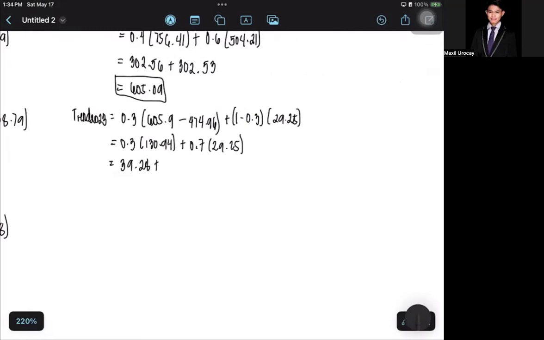And for 0.7 times 29.25, that will equate to 20.48. So 39.28 plus 20.48 will equate to 59.76, your current trend for the 2023 year.